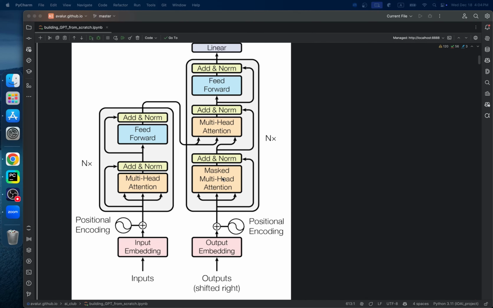So we cannot show the right answer to the model. That's why here we use masked multi-head attention, and then goes cross attention, or classical attention block, between the contextual embeddings from the decoder and all the contextual embeddings from the encoder.